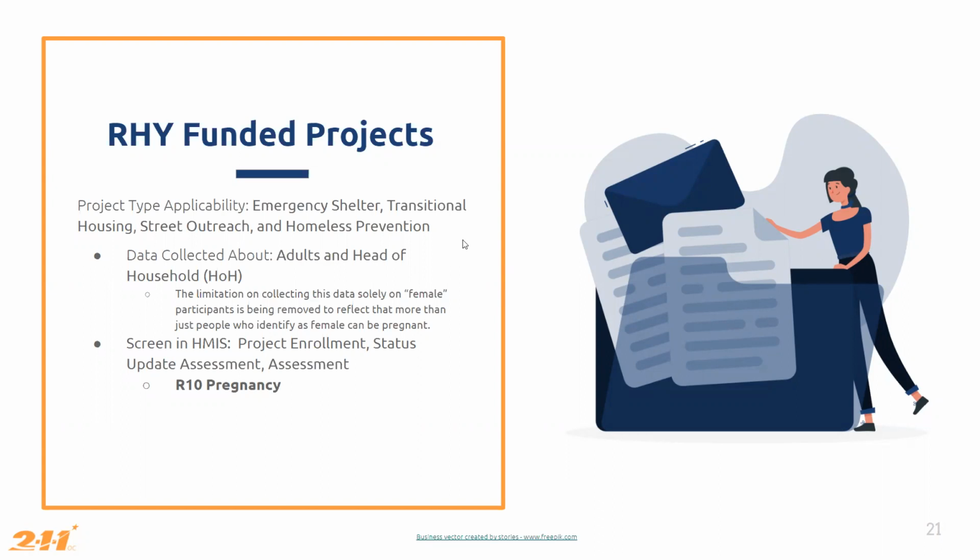The main change to this data element is that it is now going to be required for all clients in funded projects, not just those that report as female. And the purpose for this was to reflect that more than just people who identify as female can be pregnant.